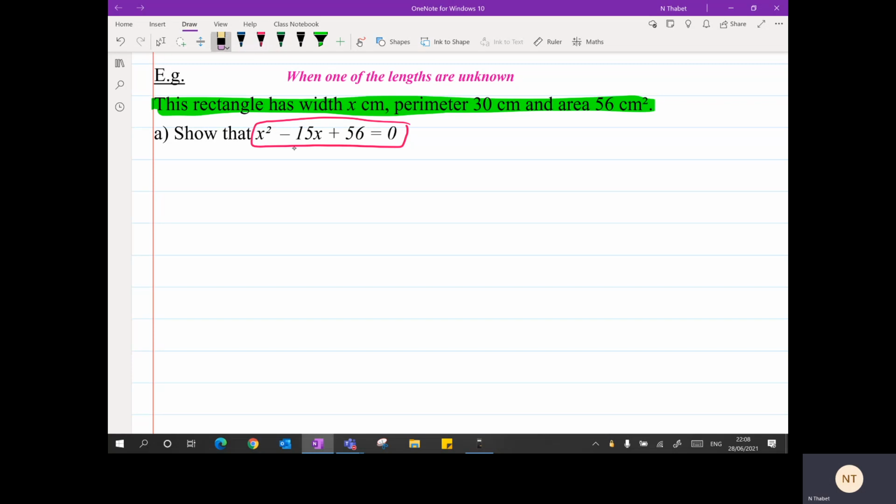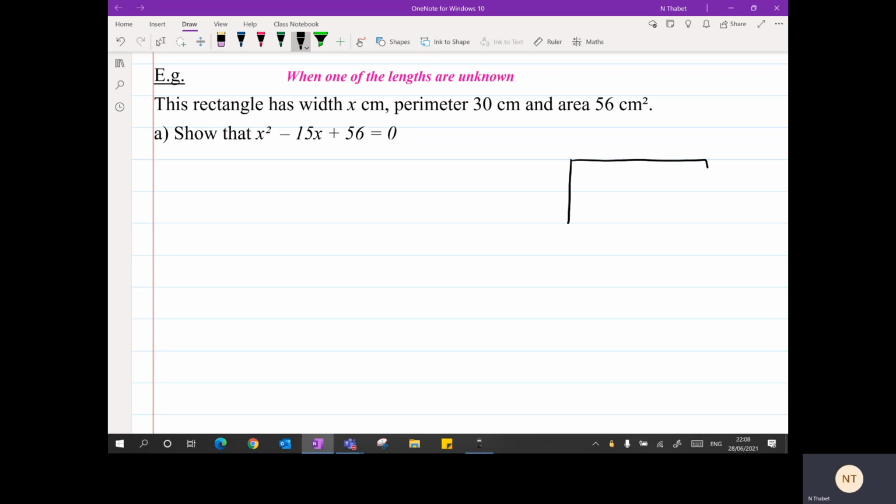Now, let's have a look at the information that they've given. This rectangle, so I've got a rectangle. Its width is x centimeters. So that's the width. You're told something about the perimeter, but you know that perimeter does not give an x squared.